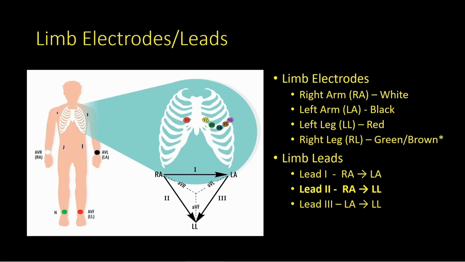Again, you'll hear white on the right, smoke over fire, which would be the black over red, and sometimes you'll hear about white over brown or green, which is either ground or grass, depending on how it's referred to. And this again gives the same general triangle as if they were on the distal extremities. In the pre-hospital environment, a lot of times you'll see the goal is to get an electrode picture that's equidistant all the way around.